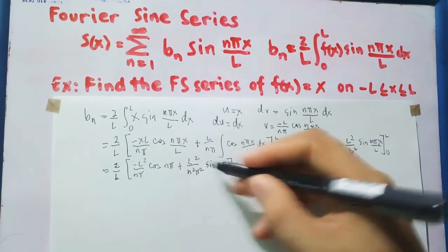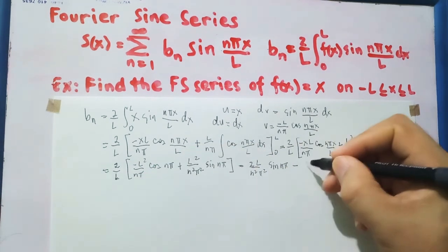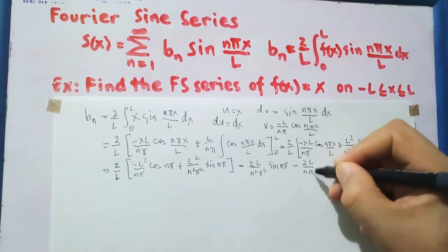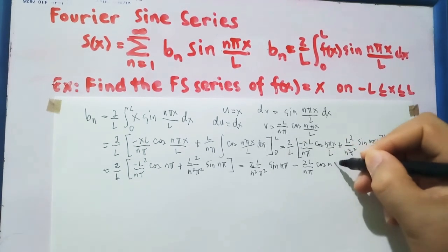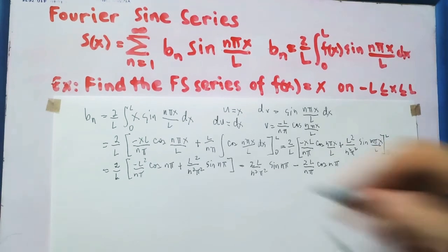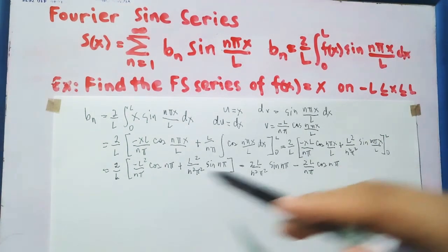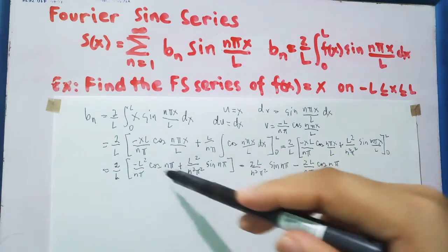If we substitute this one, minus this one, cancel L, that is 2L over n pi cosine of n pi. Okay, you have this one. So I already substituted the value, I already multiplied 2L to each group.